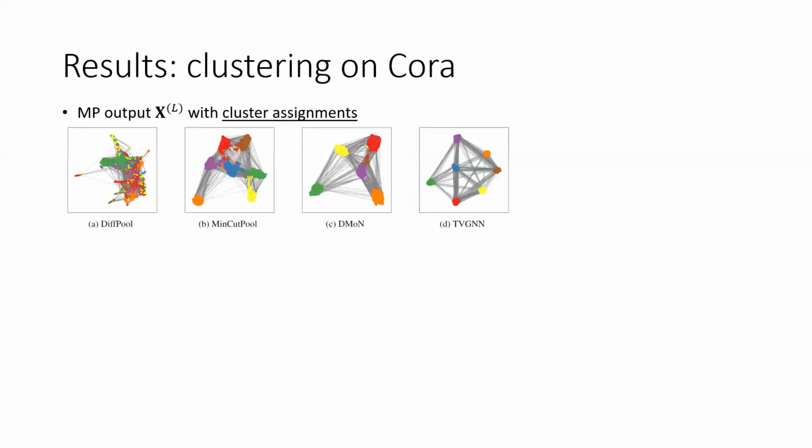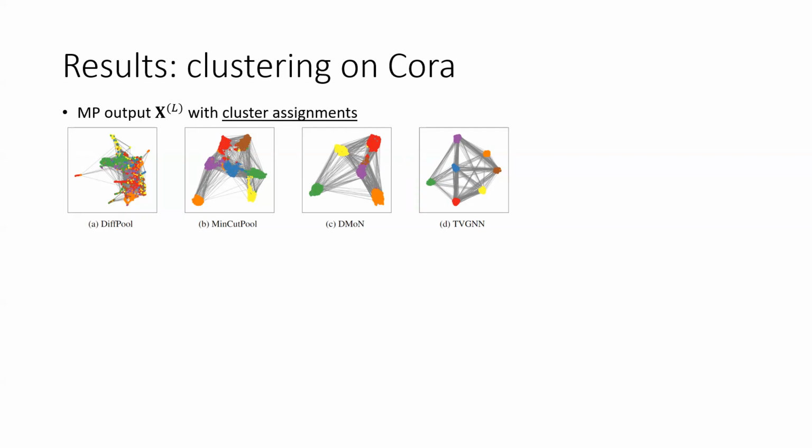Let's start by discussing the results on the node clustering of the popular citation network Cora. Among the methods compared in the paper, we consider the three main competitors, which are DiffPool, MinCutPool, and DMoN pool. First, these plots represent the node features generated by the last message passing layer in the 4 GNN models.